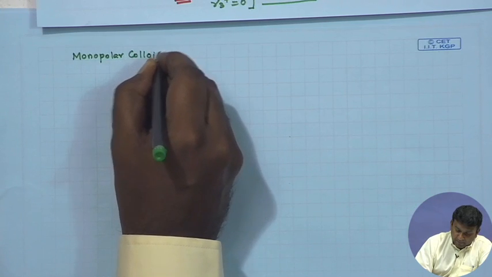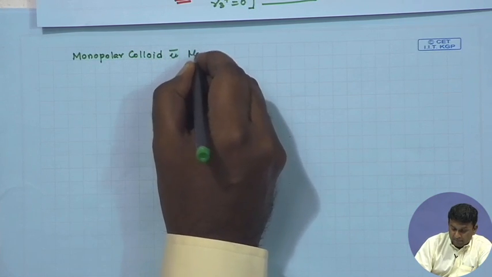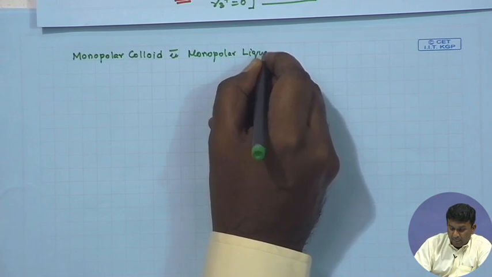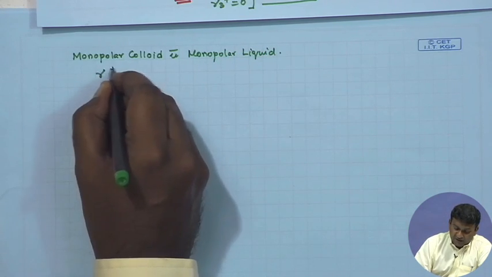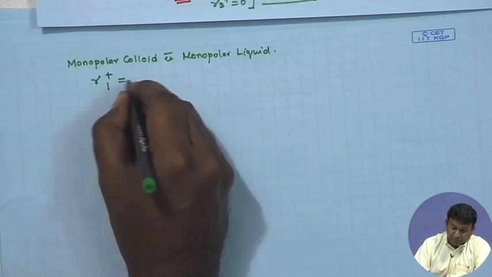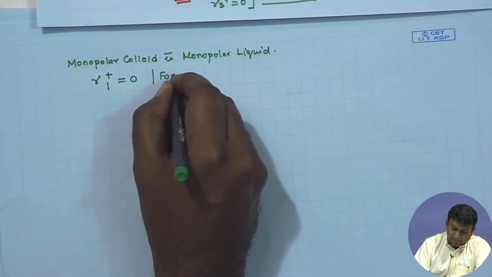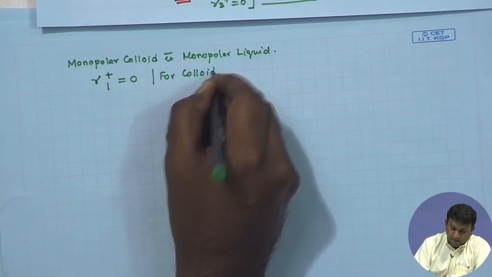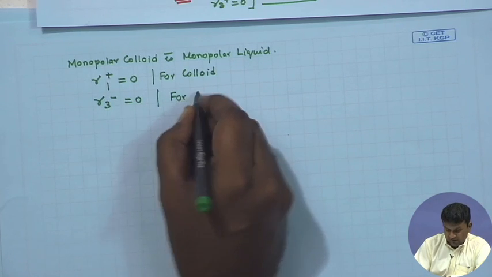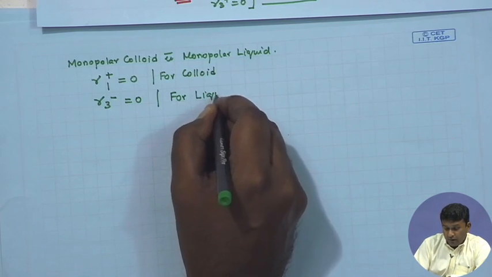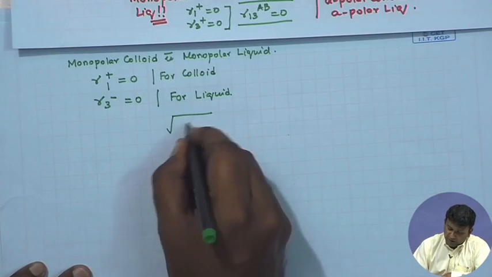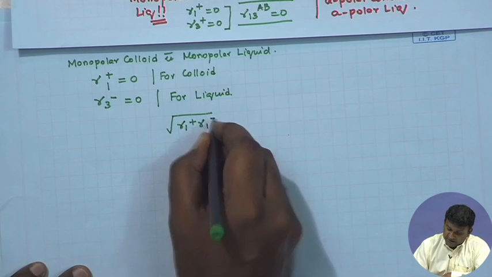However, continuing with the discussion of the same case, monopolar colloid in monopolar liquid, if you have a situation that for the colloid, let us say gamma 1 plus is 0 and for the liquid, let us say gamma 3 minus is 0, or it can be vice versa also, then again in this expression, I will quickly write down the expression again for your understanding.